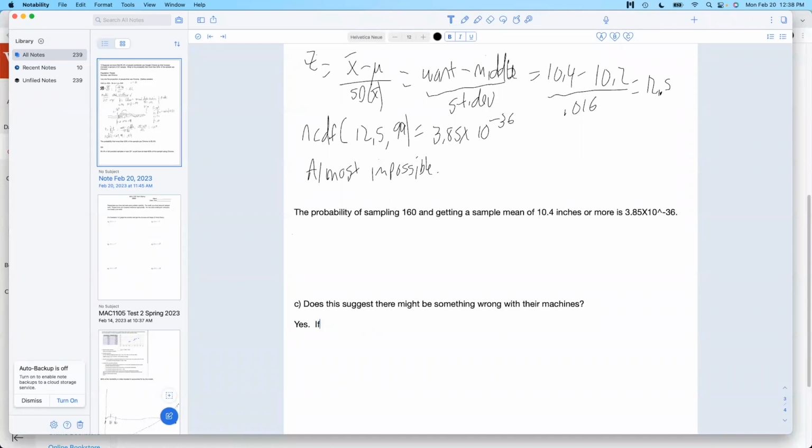So I'll kind of type that up. If that was a good sample, there's a very small probability of getting a sample mean that large.